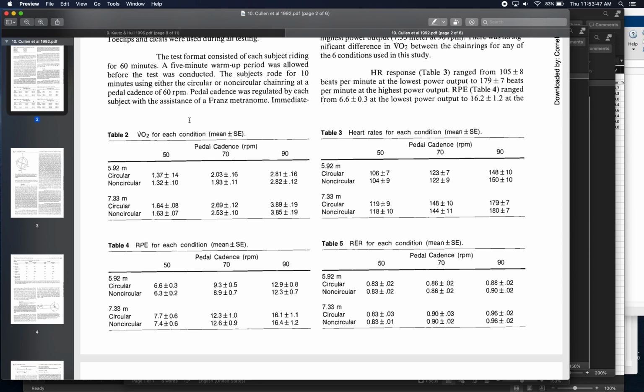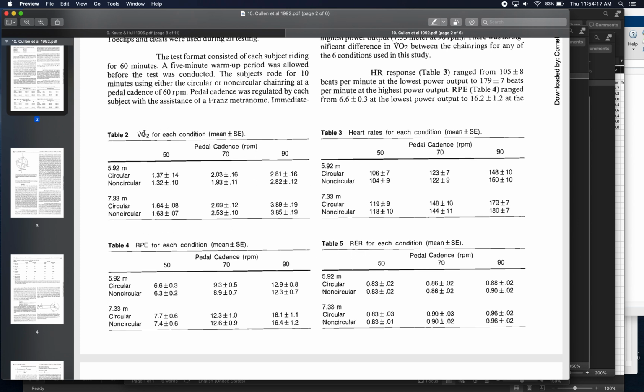They tried it at three different pedaling rates: 50 RPM, 70 RPM, and 90 RPM. They tried several different gear settings, and no matter what they picked, they really didn't see any substantial or consistent differences in VO2, heart rate, RPE, or respiratory exchange ratio.